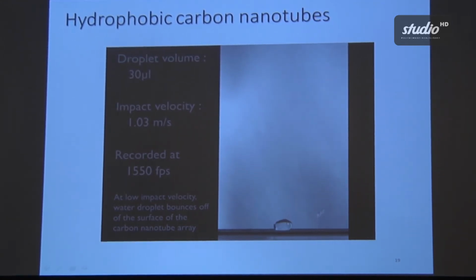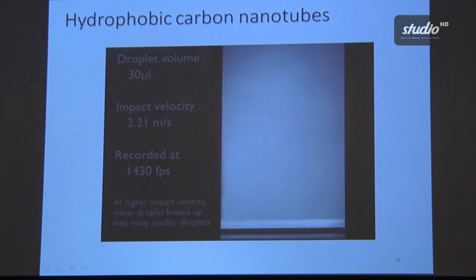And this is the property I was talking about earlier, called hydrophobicity. So this water and these carbon nanotubes kind of don't like each other so much, so they won't hug on the big surface. As the video goes, it also shows different speeds of impact. But even with higher speed, we can observe that it's not spreading on the surface.